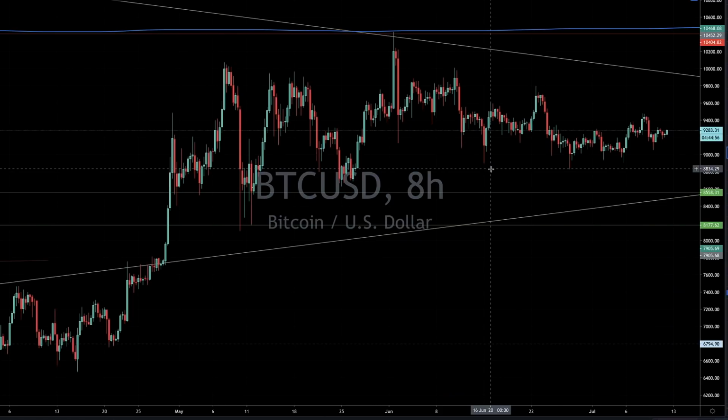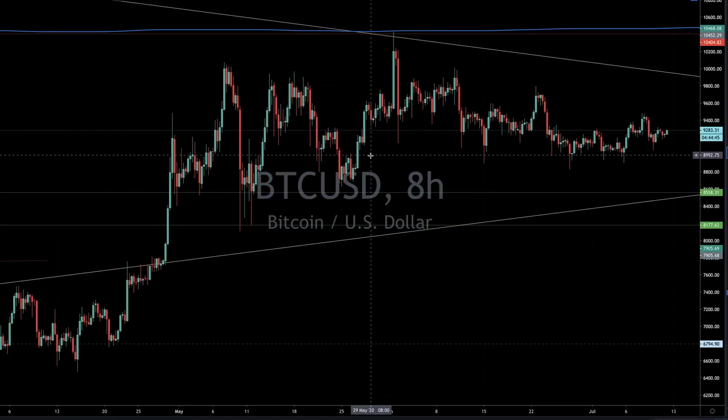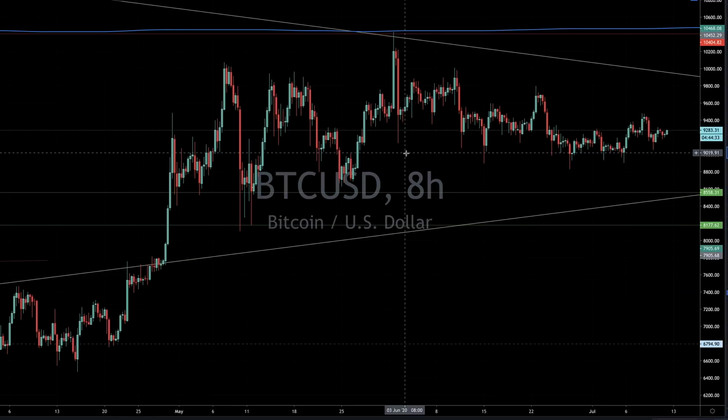We're going to take a brief look here at Bitcoin. You can see that it continues to consolidate really well above the 9,000 level, and it's been doing that for quite a while now. It has been maintaining this since June. Let's see what happens over here. Again, if we're talking about risk on, which we've been and continue to do, then Bitcoin is looking to go ahead and actually make its next leg up.